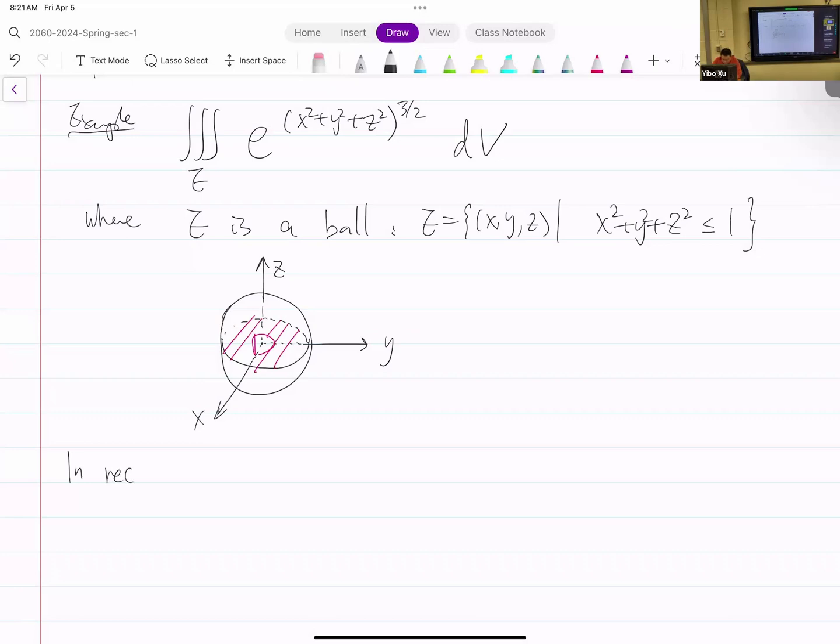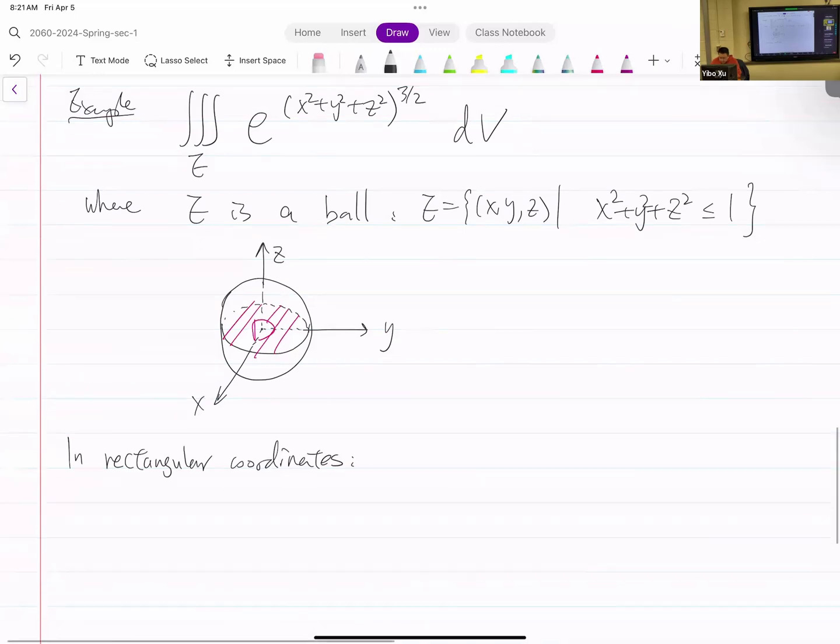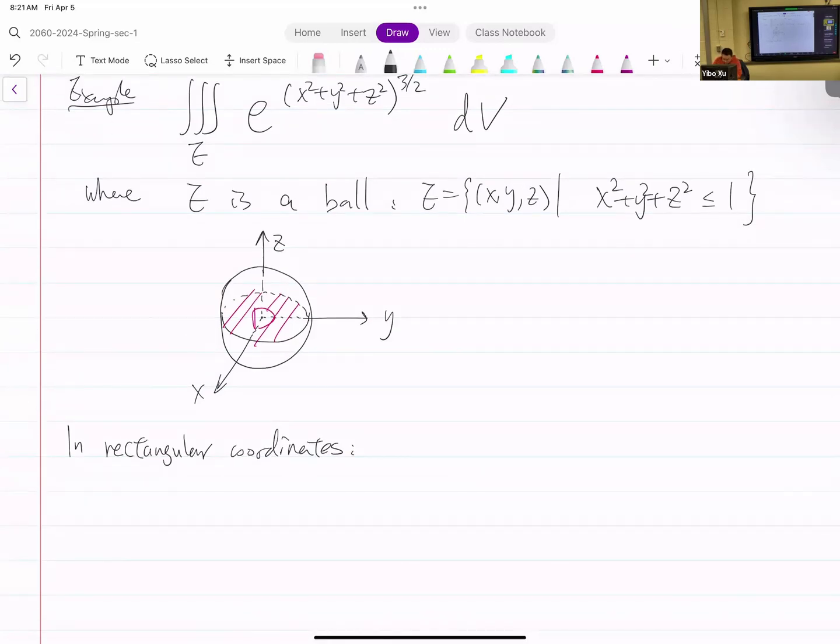So in rectangular coordinates, to describe that unit circle, x is going to be from -1 to 1. So let's say we use dx on the outermost side. And then for y, it's going to be between the radicals, plus and minus the square root of 1 minus x squared, dy.